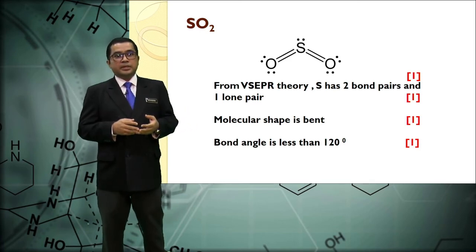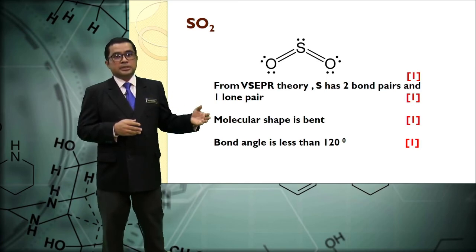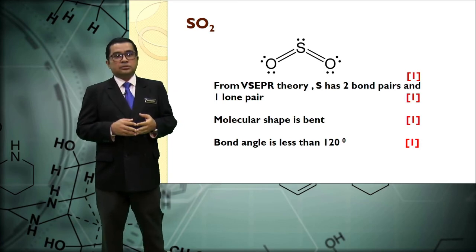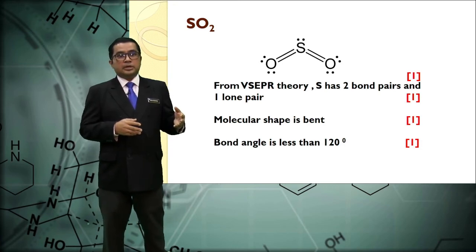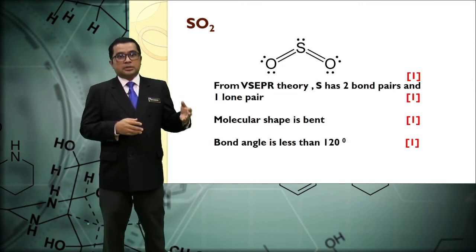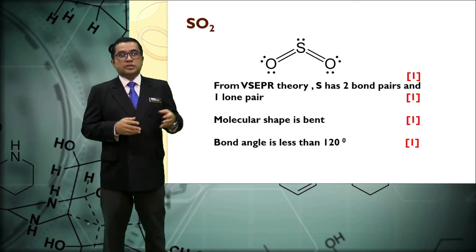The next mark is given on the bond angle. Because the structure is bent or V shape, the bond angle of SO2 is less than 120 degrees because of the presence of the lone pair on the sulfur atom. So for the first one, you will get 4 marks for the SO2 structure. Next we go to the next molecule.